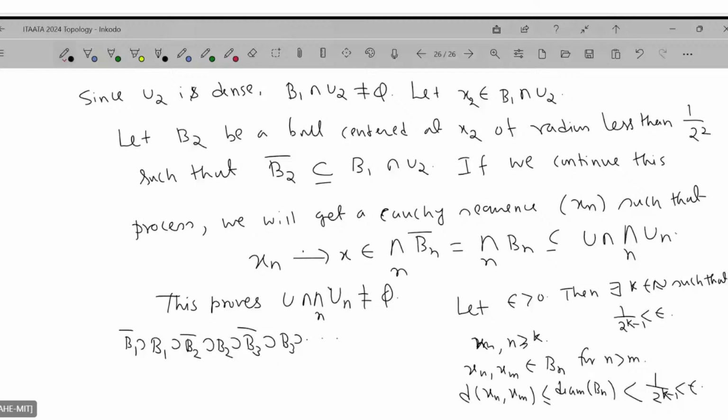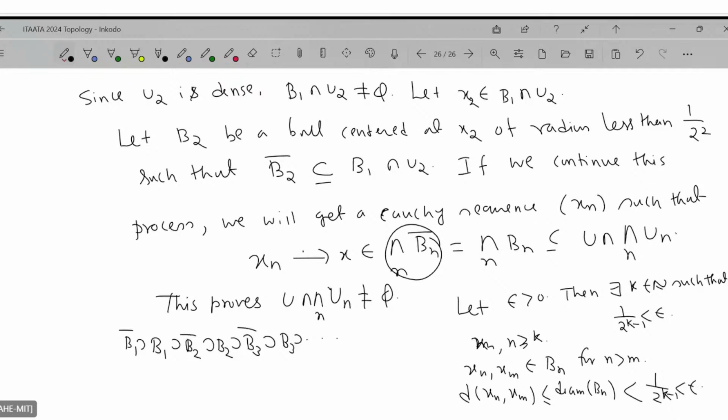The finite intersection property of compactness. Using that, try to prove that this part will be non-empty. I mean, prove that this part is non-empty. You will not have a ball type of thing, but you can make such a.